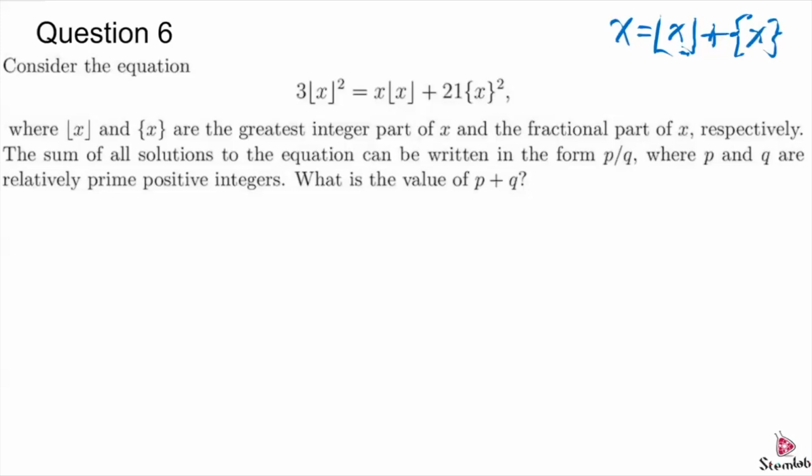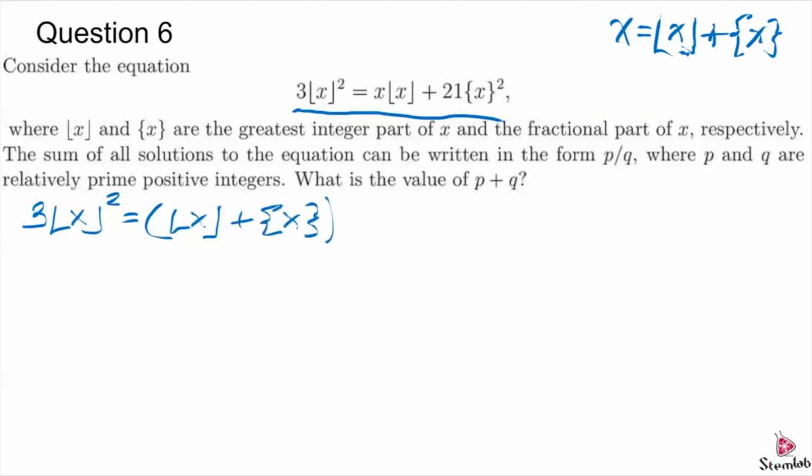Using that, we can rewrite the original equation to get rid of x and just deal with the floor function and the fractional portion. So we can rewrite it as 3 times the floor of x squared is equal to, replacing x with the floor of x plus the fractional portion of x, times the floor of x plus 21 times the fractional value of x squared.